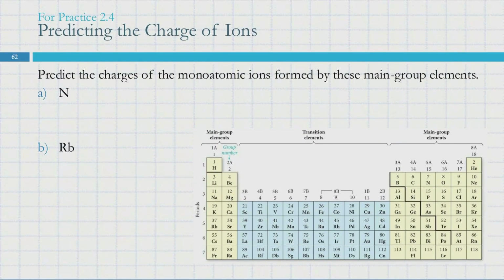All right, predict the charges of the monoatomic ions, meaning it's just one atom, ions formed by these main group elements. So N and Rb. Find them on the periodic table, figure out what charge they are.